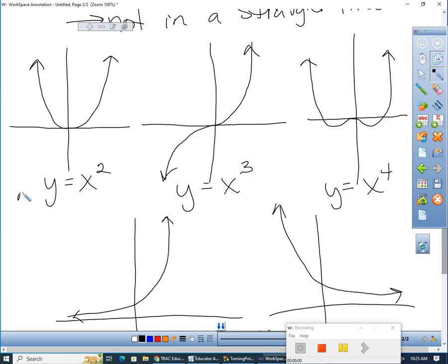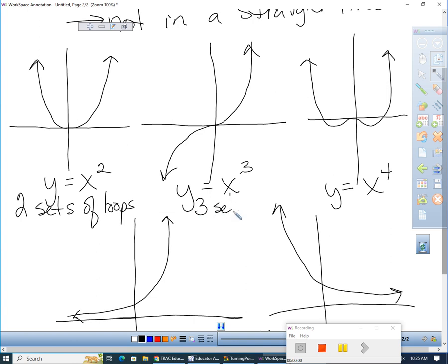It's going to take 2 sets of loops before they all matched. So then when it's x to the third power, it's going to take 3 sets of loops. Yep, 3 sets of loops. The next one is 4. 4 sets of loops before they match.